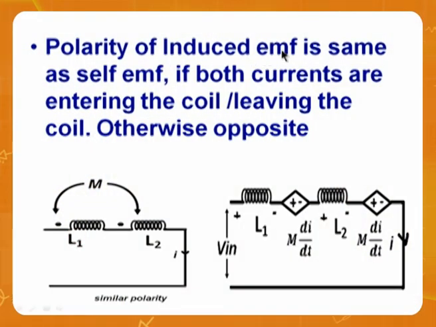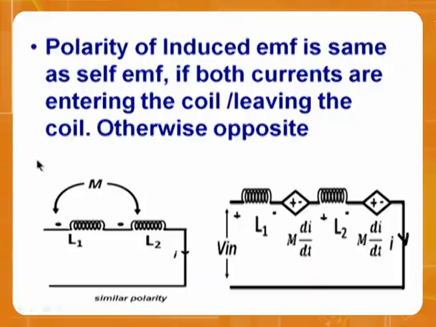If polarity is known, you will put the dot. If dot is known, you will put the polarity. Very simple. So this is about how to write an equation and how to consider the polarities. Then I have given one interesting statement: polarity of induced EMF is the same as self EMF if both currents are entering the coil or leaving the coil.